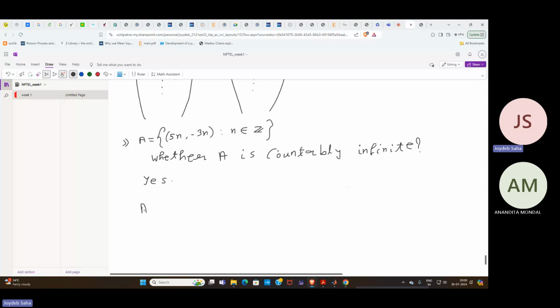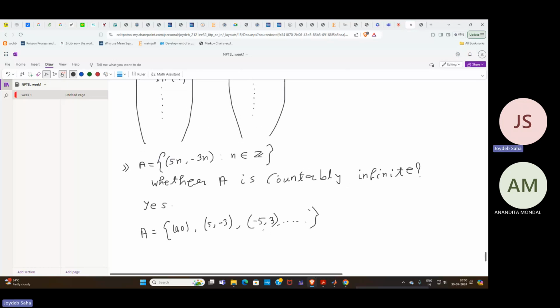So A can be (0, 0), A can be (5, minus 3), A can be (minus 5, 3), and so on. Why (5, minus 3) and (minus 5, 3) both? Because n can be 1 and minus 1 both. So this is countably infinite.